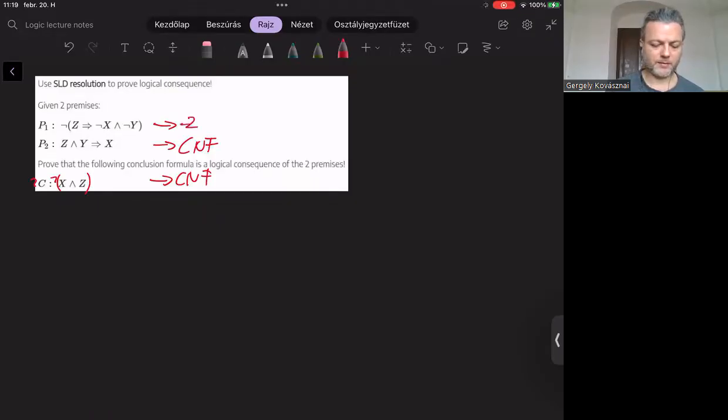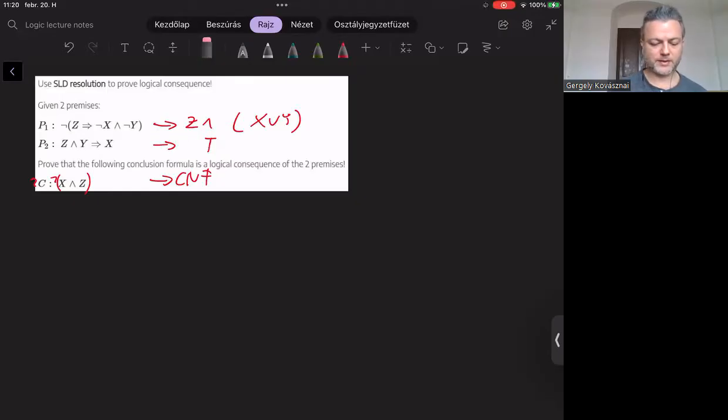Therefore, we turn the implication into a conjunction, where the right-hand side is negated, and therefore we can apply one of the De Morgan laws to this part of the formula. So basically, the negations disappear, and we get a disjunction. This is already in CNF.